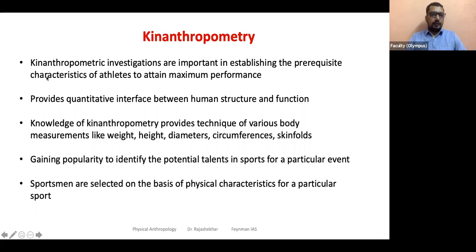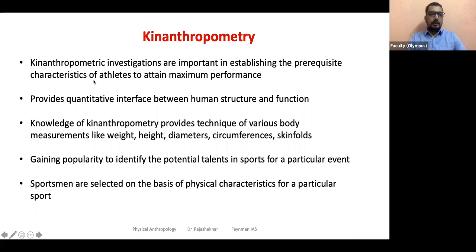So we defined what is kinanthropometry, and we are learning that it is a connection between body and performance. How much can you write if you are given a short note on this? You have to have enough points and ideas, because the principle is simple. I can explain it in 3-4 lines. You might be experiencing that while answering questions, but you need to write more to satisfy the space requirements. So what elements you have to write, how you have to describe. These are the ideas that you receive here.